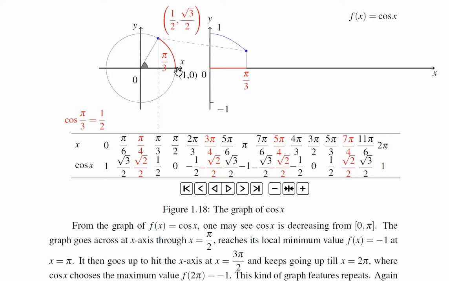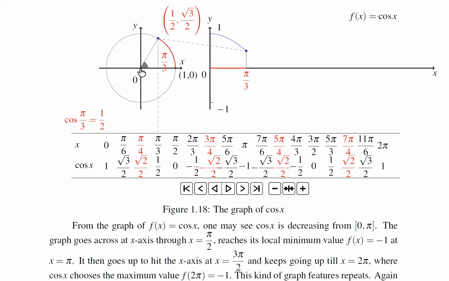You see x here. The x in this picture is the length of the arc, which is used to measure the angle. That's pi over 3, which is actually equal to this part. So when x is pi over 3, then you will have a value for the x-coordinate, which is 1/2.